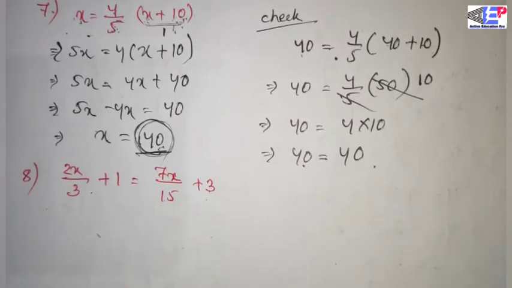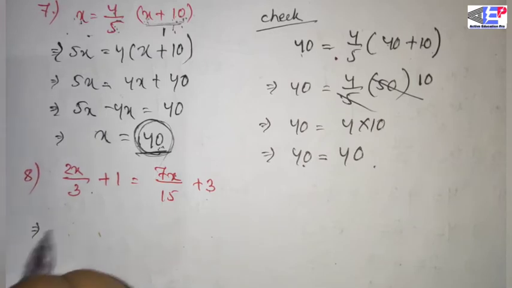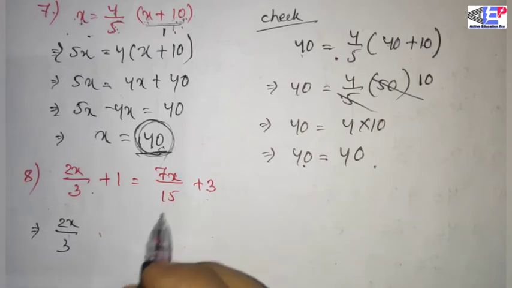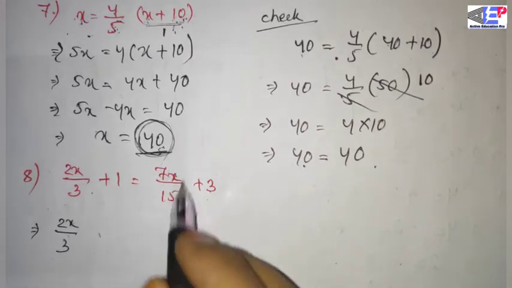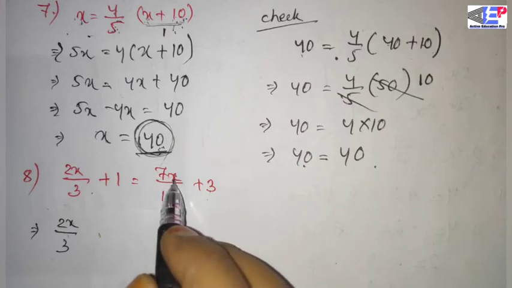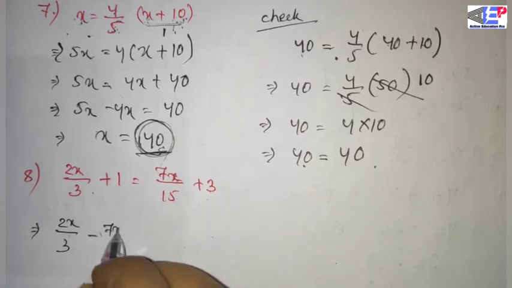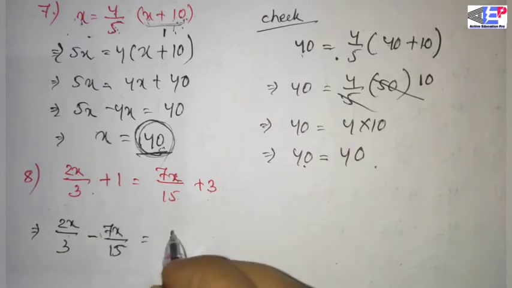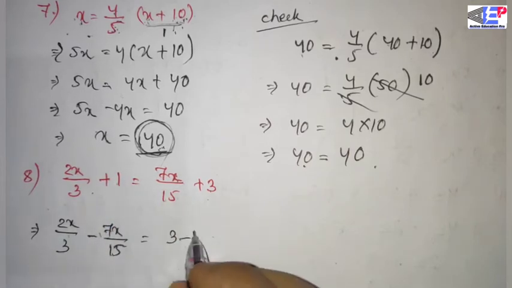But here I am going to solve by moving the variables to our left side and the constants to our right side. So 2x/3 is the term consisting of variable x, then 7x/15, and then 3. This plus 1 becomes minus 1.